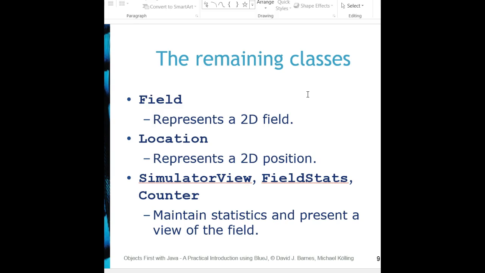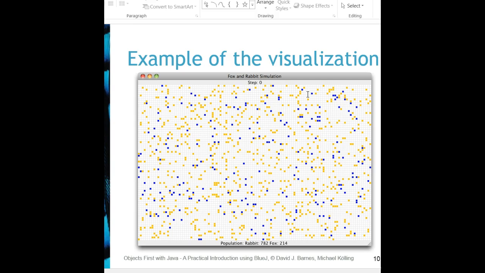Then we have SimulatorView, FieldStats, and the Counter classes. They provide the graphical display of the simulation, and the display shows an image of the field and, for each species, counts the number of rabbits and foxes. So this is the graphical display of the foxes and rabbits simulation.